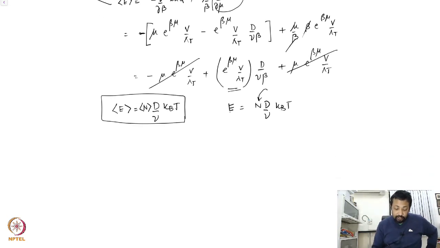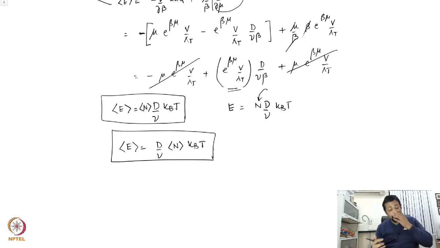Here, this relation is replaced by average of E is d over nu average of N k_B T. So this is how the relation gets modified in the grand canonical ensemble.